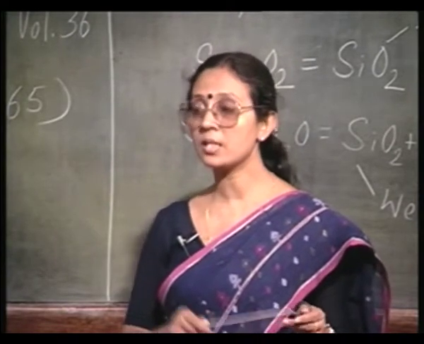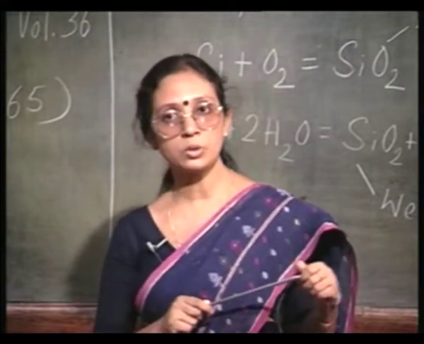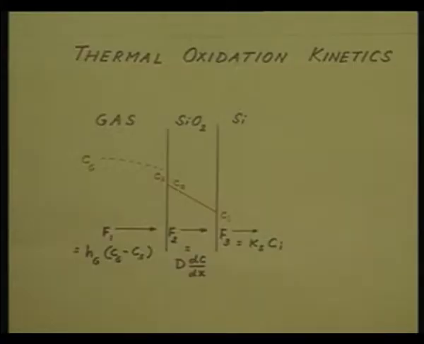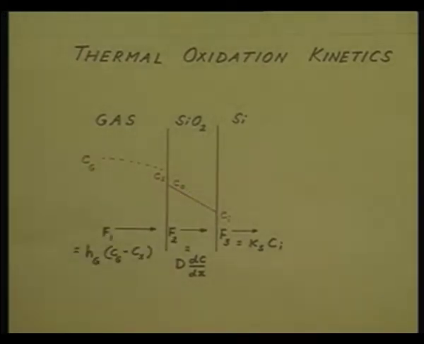To react with silicon, they must move through the already existing oxide layer to the silicon dioxide interface, that is this interface. That is process number 2. And process number 3, once the oxidizing species reach the silicon dioxide interface, they must react with silicon there.